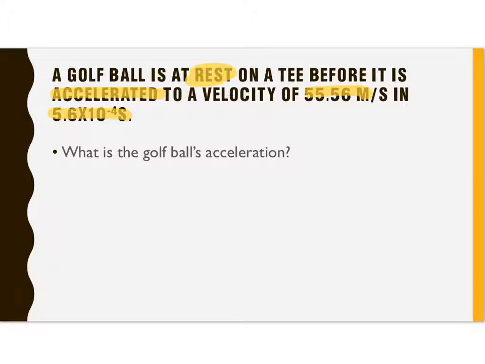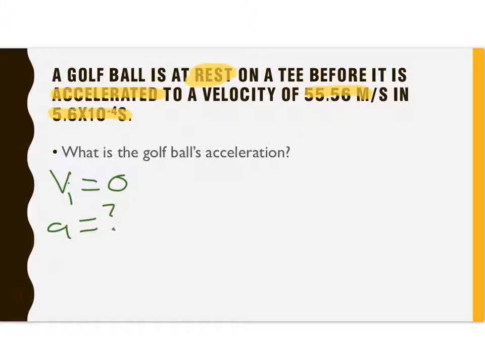So what I'm going to start off by doing is writing out what I have. The ball is at rest. That means that the initial velocity, if it's at rest, is 0. And if it's accelerated, we know that there is an acceleration.